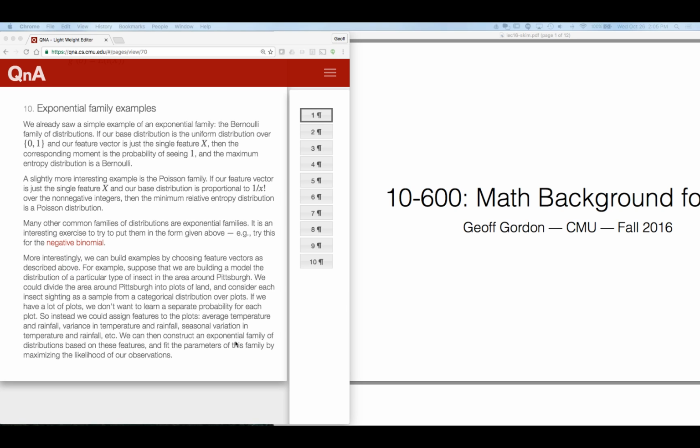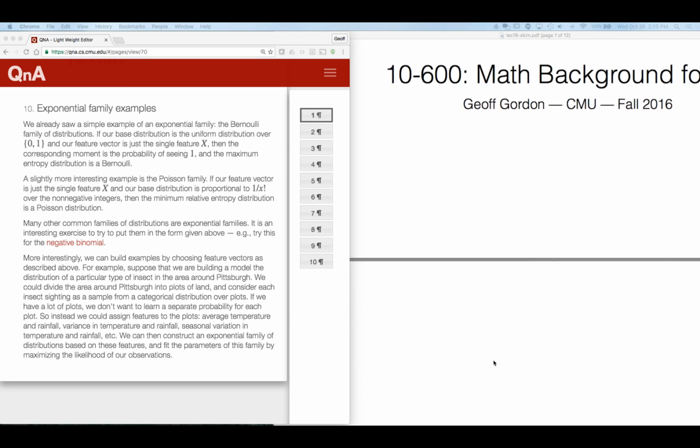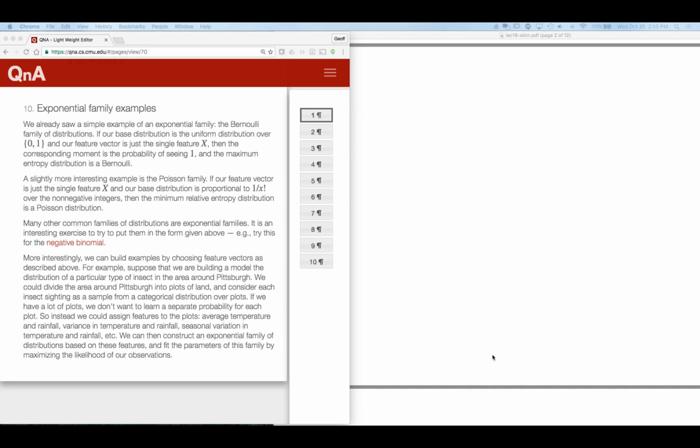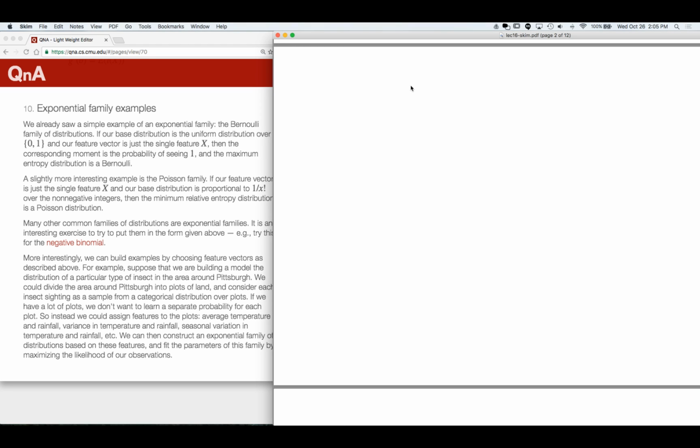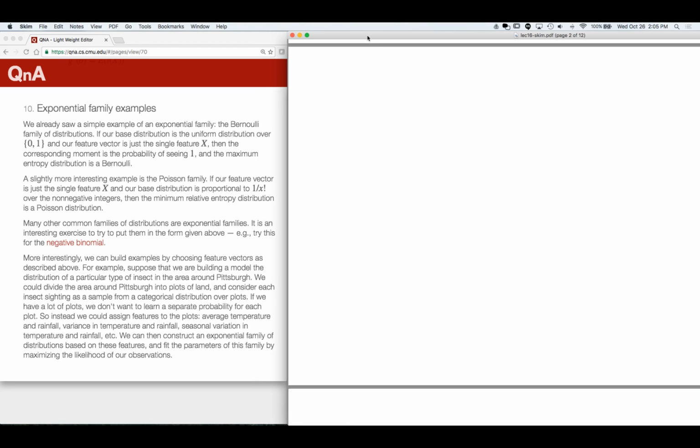All right, so the Bernoulli distribution is actually already an example, right? So here are outcomes, right? We have outcomes of 0 and 1. This is for a Bernoulli. Our base measure is uniform, so we have P0 equal to a half for 0 or 1.